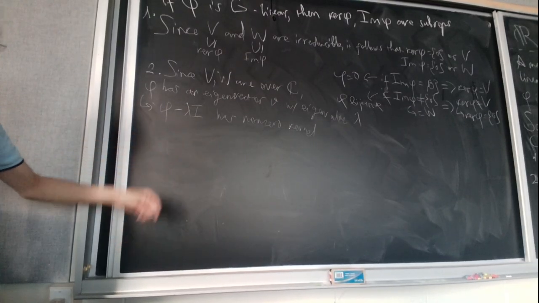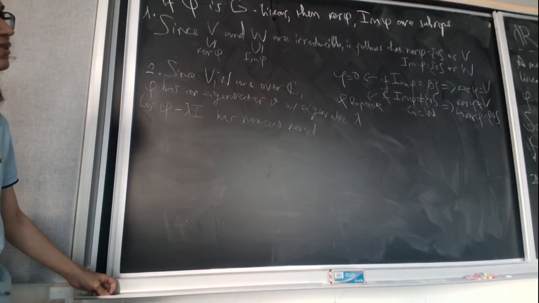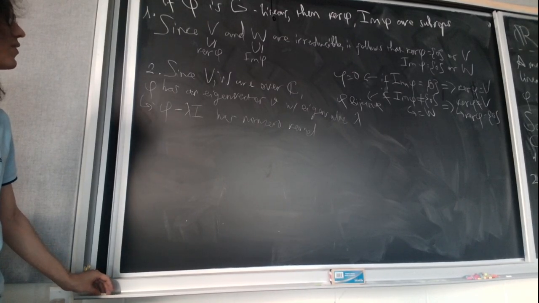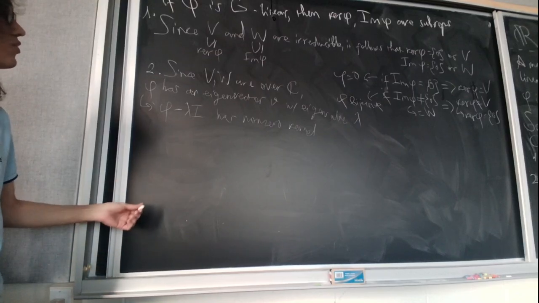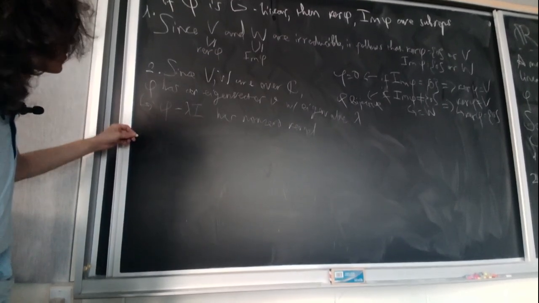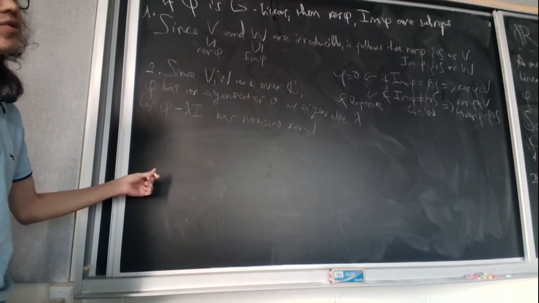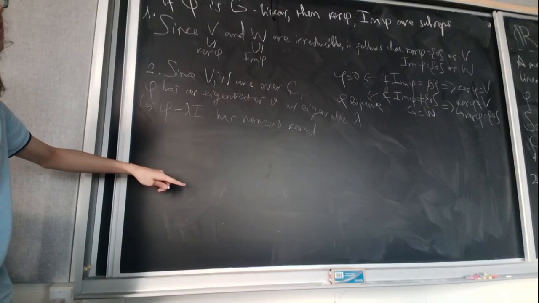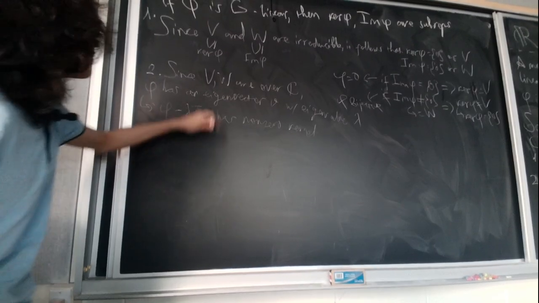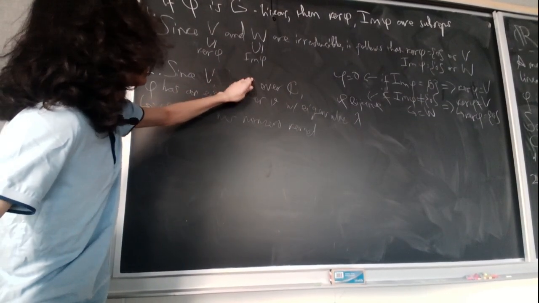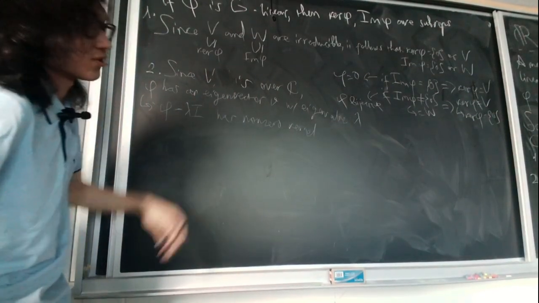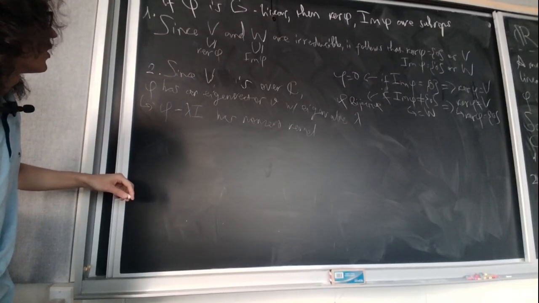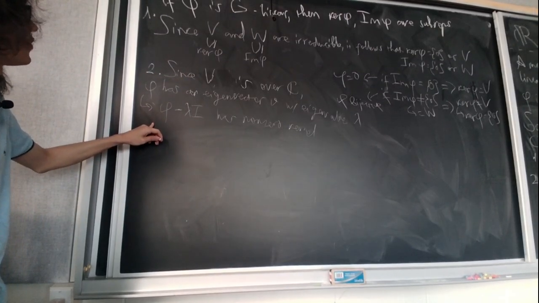The identity, maybe unsurprisingly, is also G-linear. So a combination of them is also going to be G-linear, a map between representations.